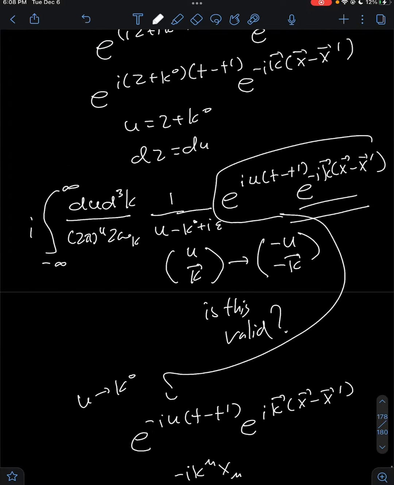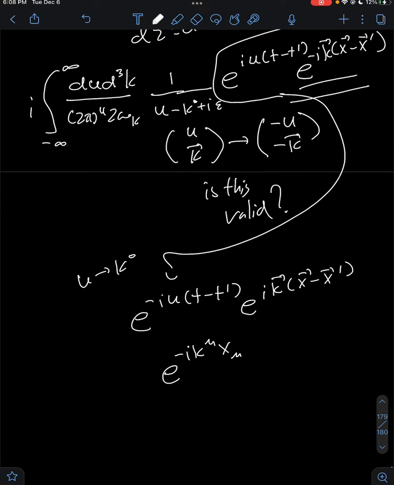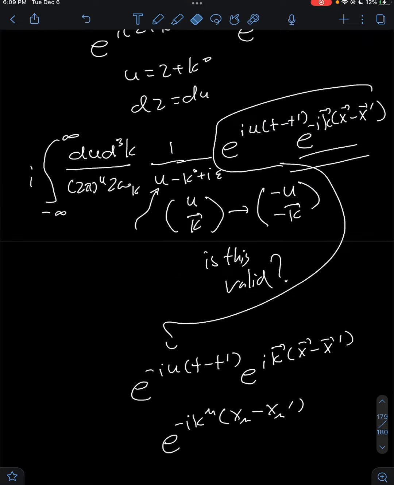Okay, so let's scroll down a bit. So we have e to the minus i k mu times x mu minus x mu prime. Realistically speaking, we're technically letting k naught go to minus k naught. So that makes this over here become a positive sign, because minus k naught is just positive k naught.